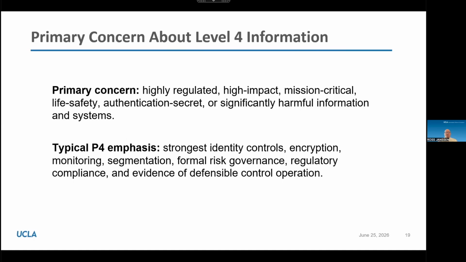Encryption is really important in controlling the security of identifiable information, because if we have encryption and it's disclosed or there's unauthorized access, we typically won't have to do a breach notification because the information is not readable.